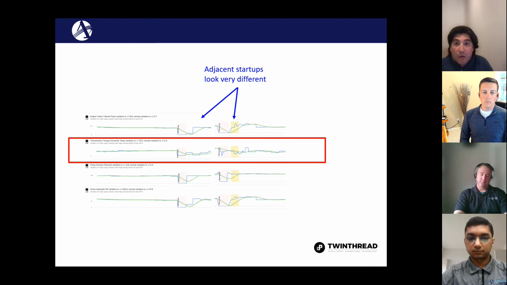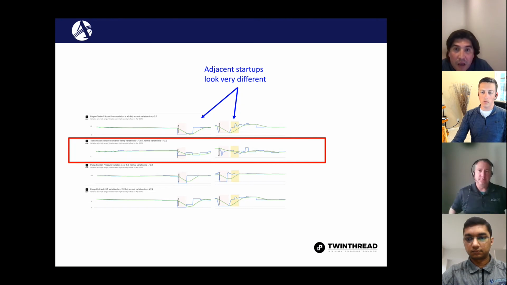And creating alerts. So in this case, you'll see that the adjacent startup conditions look very different. On the left, you'll notice that the conditions don't have a lot of variability. So the one that's highlighted here is the transmission torque converter temperature, and on the right you see that with that temperature reading, the variation is extremely high.